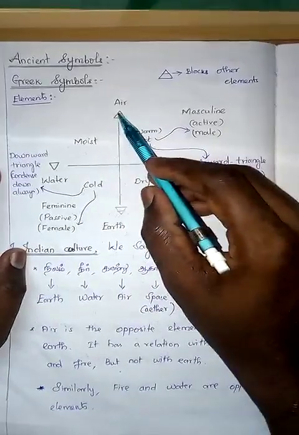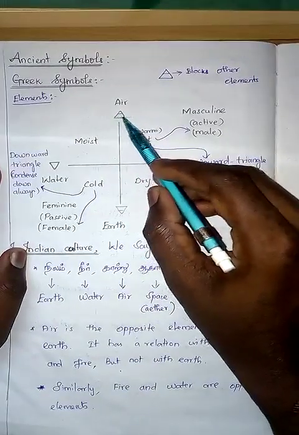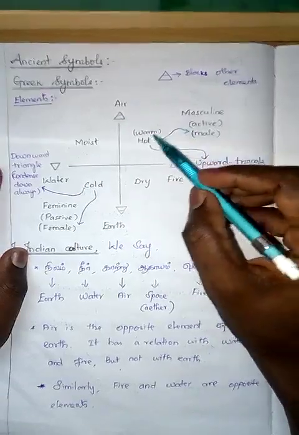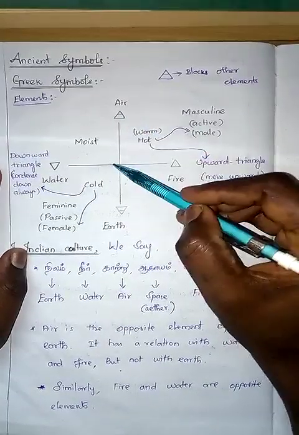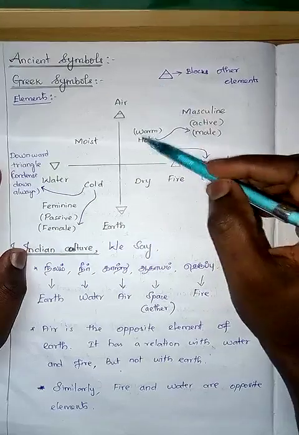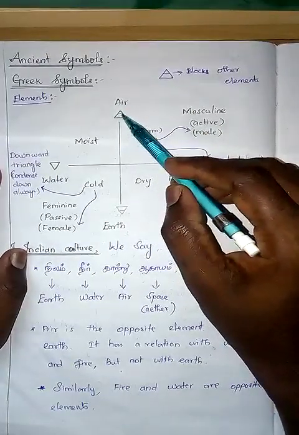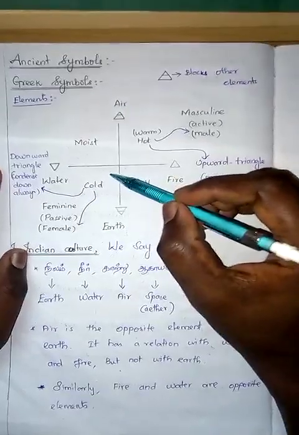And you just look at this triangle symbol. This is also pointing upwards. That means when it's hot, it's moving up. That's the reason it has an upward triangle symbol.